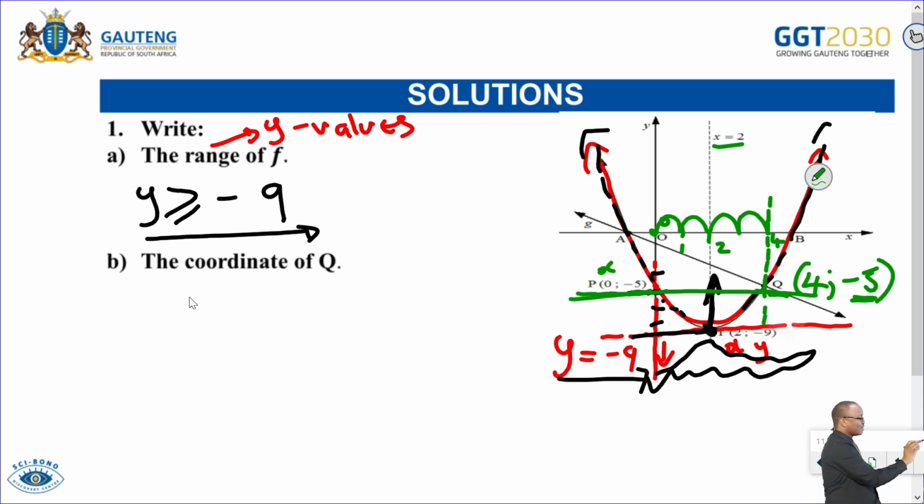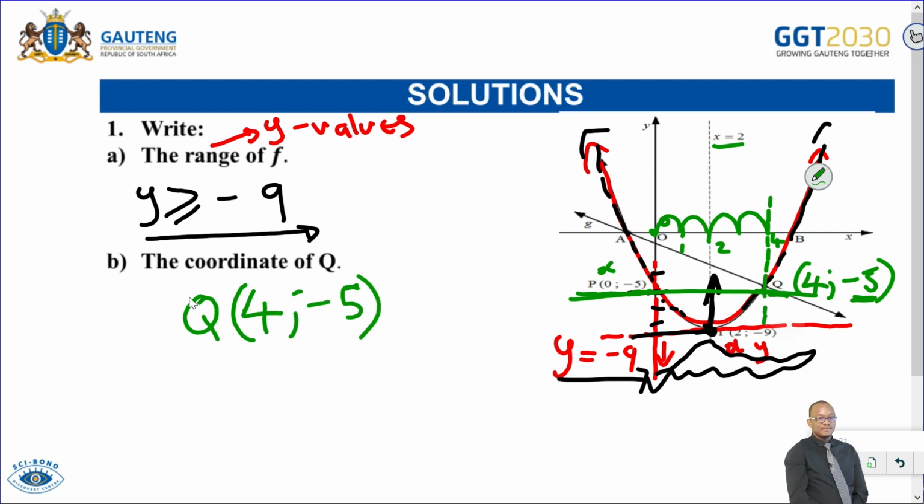So that's how you get the coordinate of Q, which is (4, -5). That's how we interpret this type of graphs. You can see that the axis of symmetry is important in this type of questions, and you need to know how to interpret it, which is the x value of the turning point.